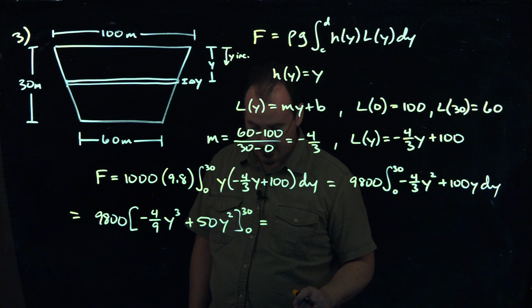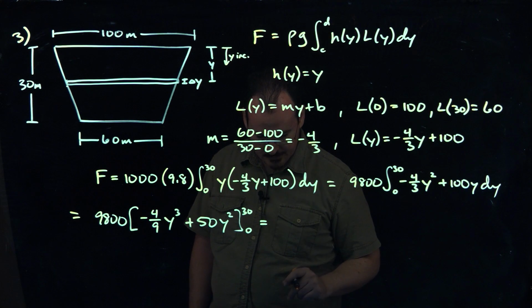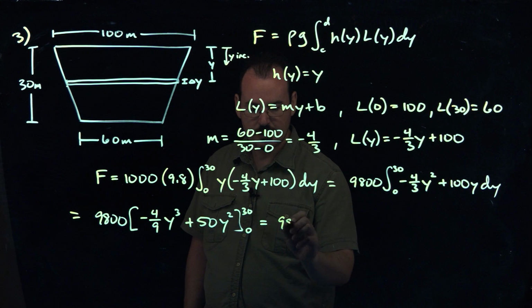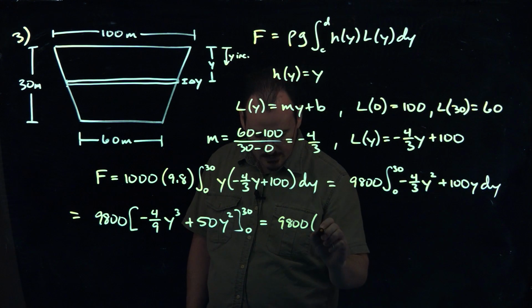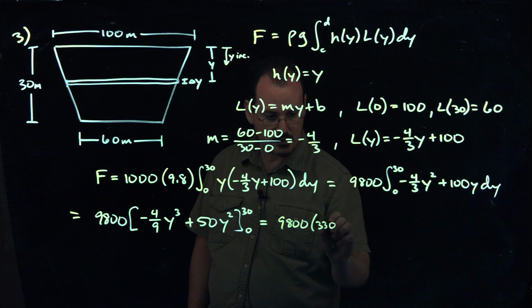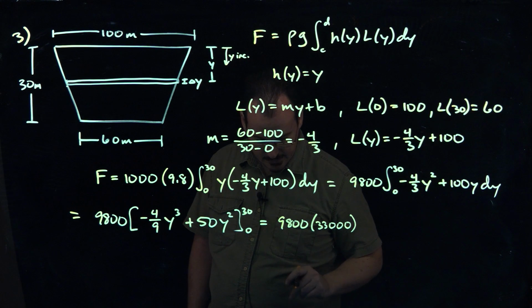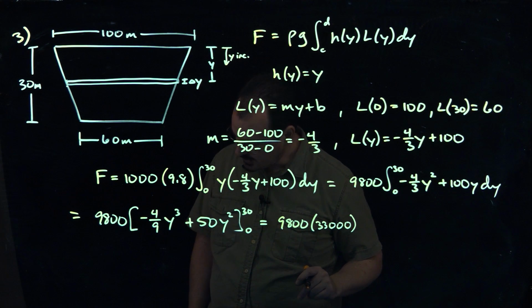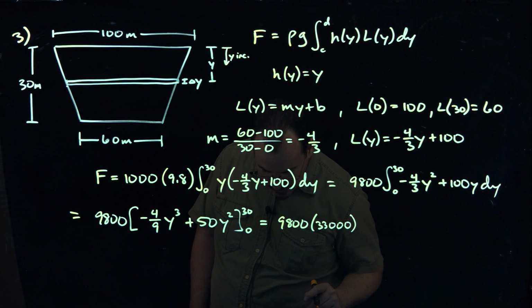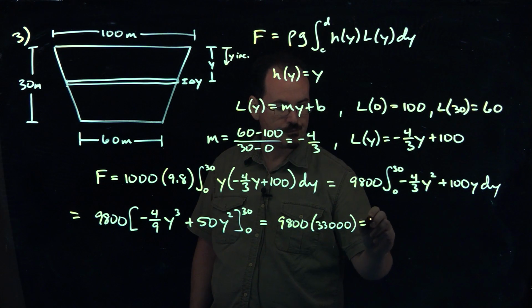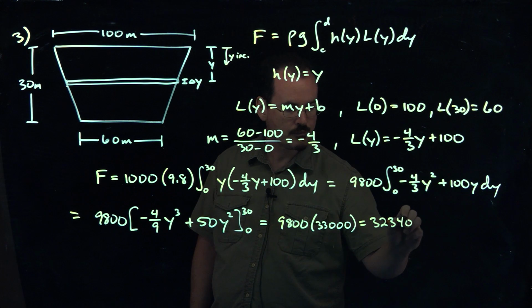If I plug in 30, I get 30 cubed and 50 times 30 squared. That's 33,000, so I'm going to have 9,800 times 33,000. And that is hopefully the same answer that you see, 323,400,000.